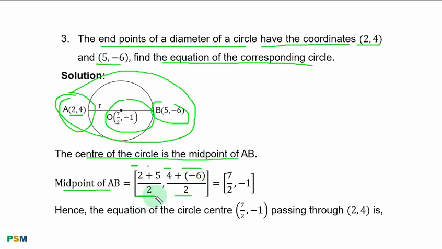From here, you have 7 over 2. 4 plus minus 6 is minus 2, divided by 2, you have minus 1. Hence, the equation of the circle, center this, passing through the given coordinate, is given below.